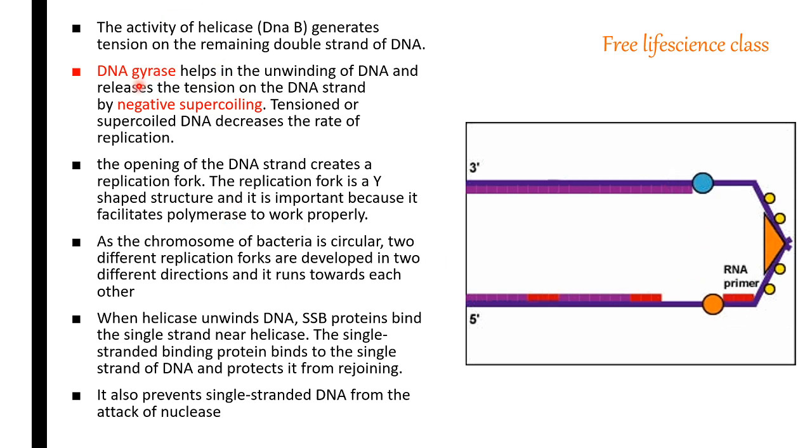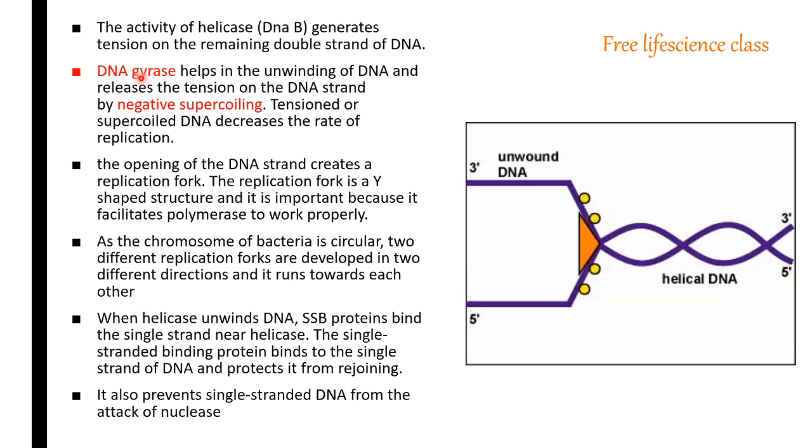Okay. The next process is about DNA gyrase. When you unwind the DNA, supercoils will be formed, so you have to avoid supercoiling. When supercoiling increases, the DNA gets tense. Due to this tension, there will be damage to the DNA, so we have to release that tension.